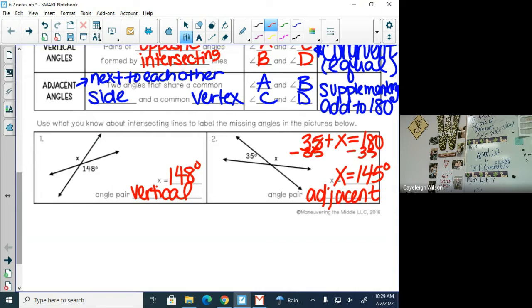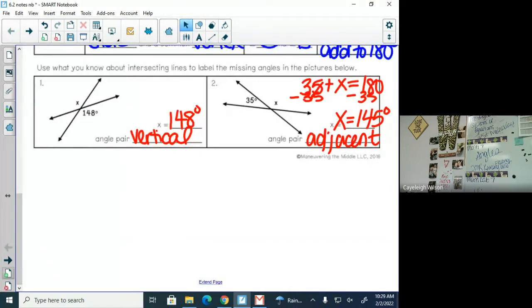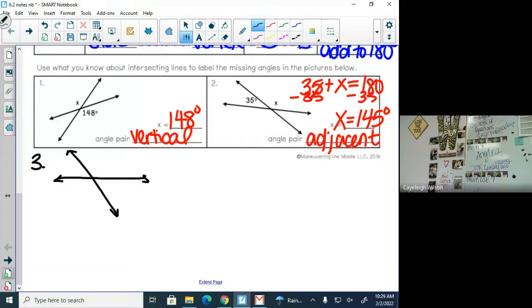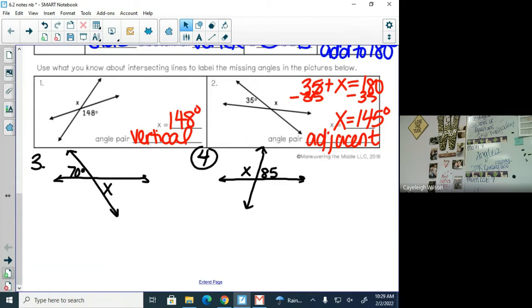At the bottom of your paper, I want you to put the answers for these. Alright, so just do those two at the very bottom and then we'll flip it over.